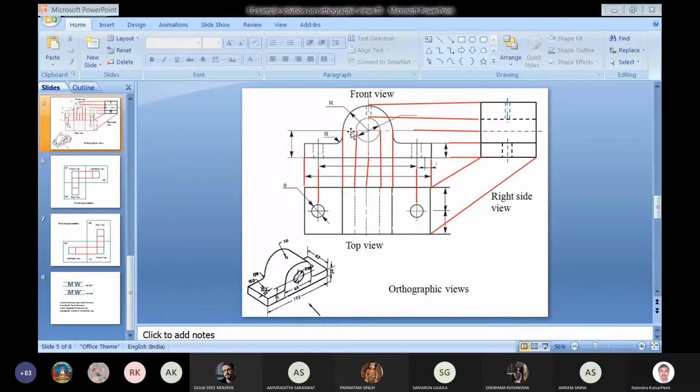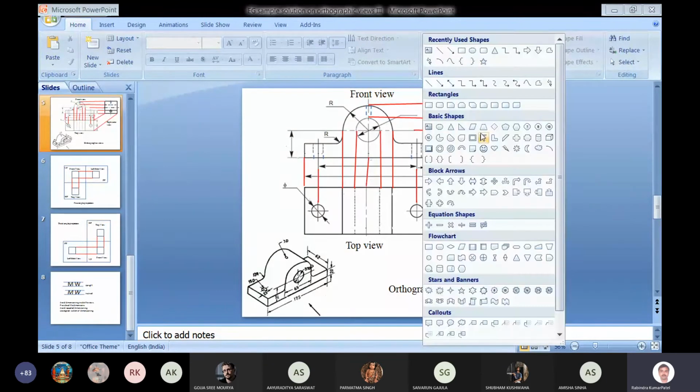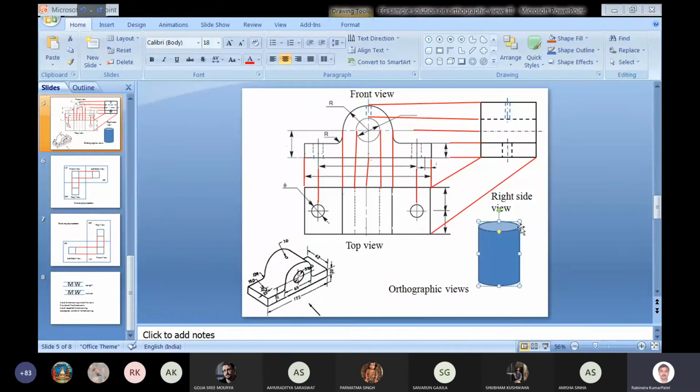If we take a cylinder like this as an example, and take this as the front view, what will be the projection?